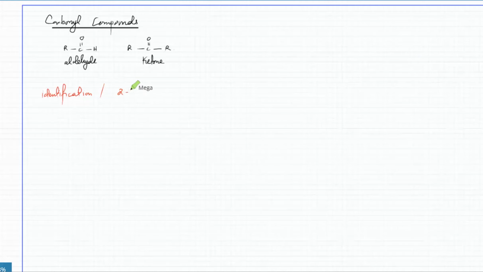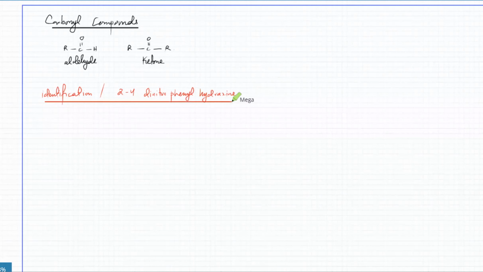It is also known as 2,4-DNPH, just 2,4, with a comma between the numbers.